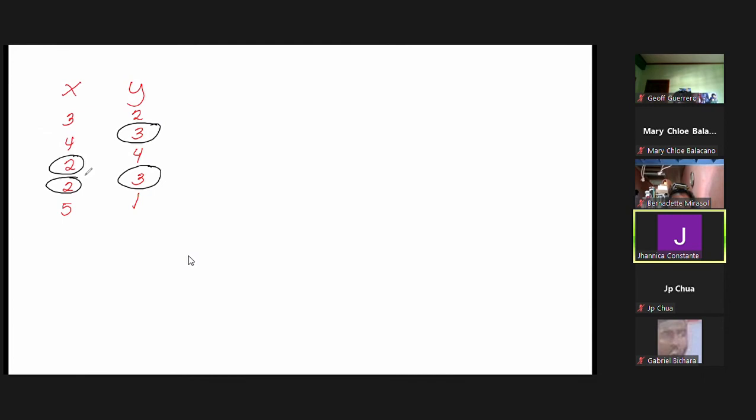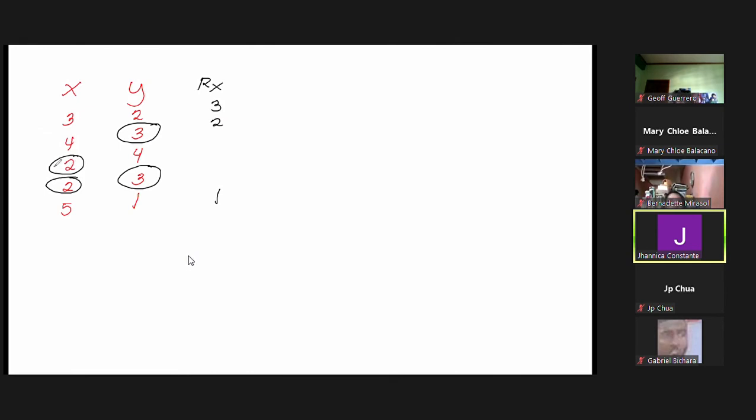So the same as what we did a while ago, based on ranking the set of values of X and Y that we have. So let's rank the set of X. So first is 5, followed by 4. Last, which is 3, followed by 3, and followed by 2.